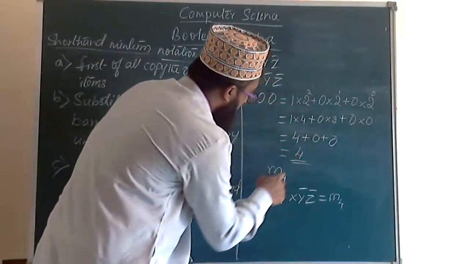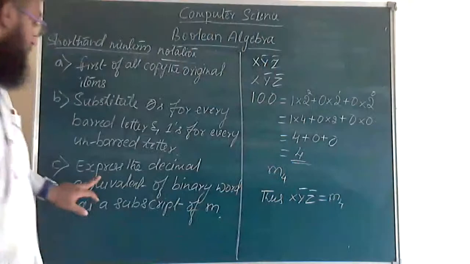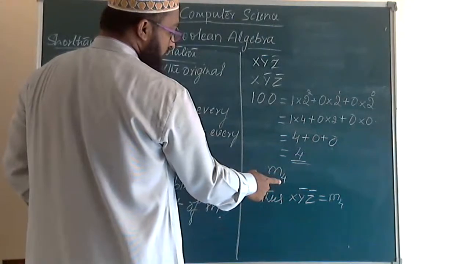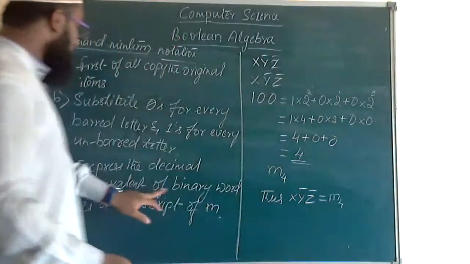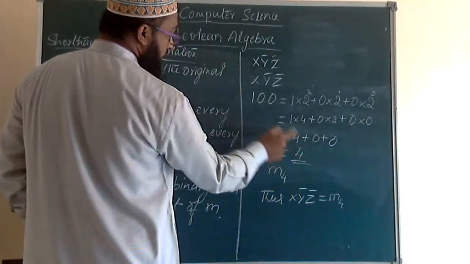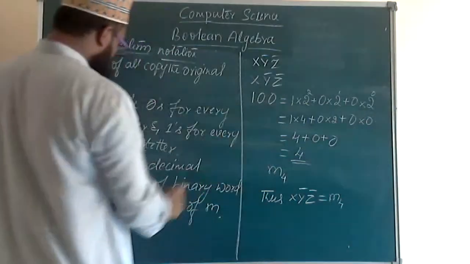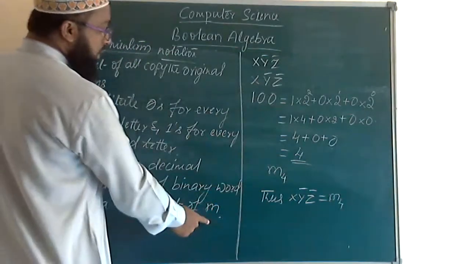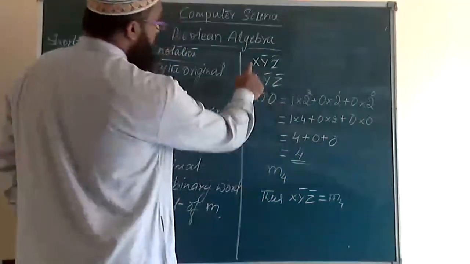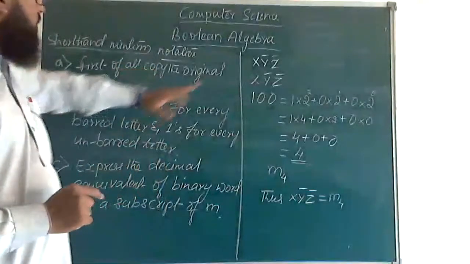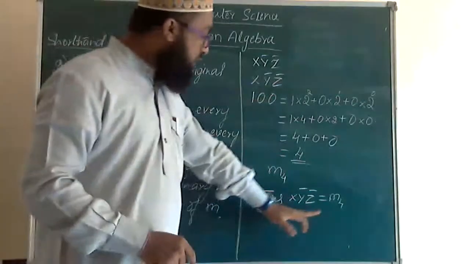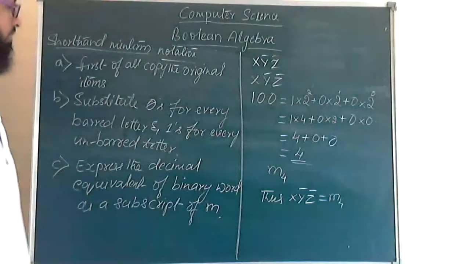Express the decimal equivalent, decimal means 0 to 9, of the binary word, as a subscript of m. Subscript means right below m. So the shorthand minterm notation for x, y bar, z bar is m4.